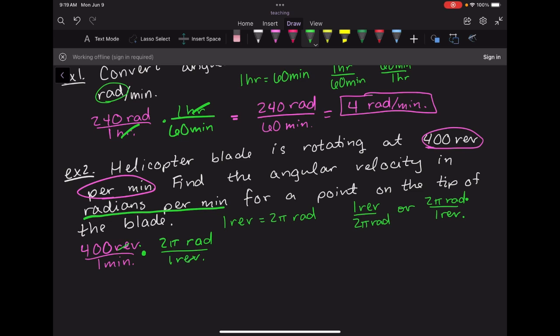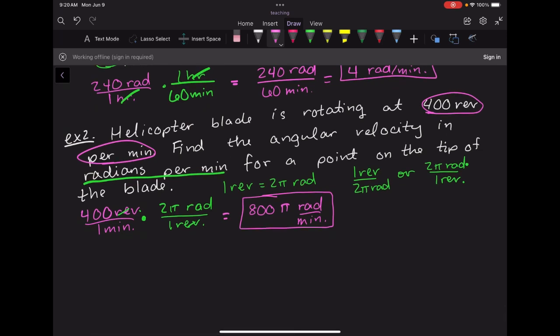Now revolution cancels. And I'll just multiply across. So this will be 800 pi, and this is radians per minute. It's also possible that maybe you'll need to actually multiply out the pi, like actually do 800 times pi. A lot of the time I like to just leave them with pi, but it just depends.